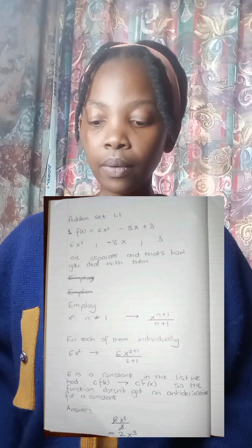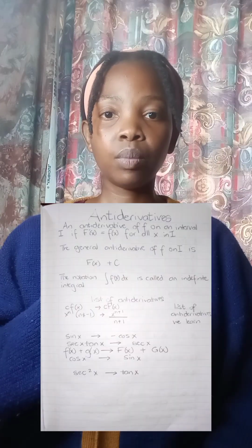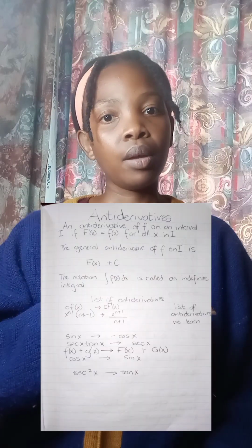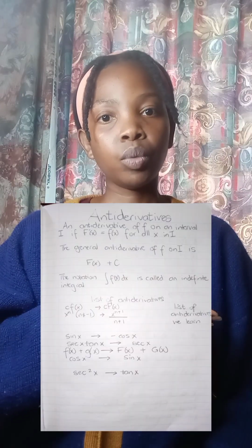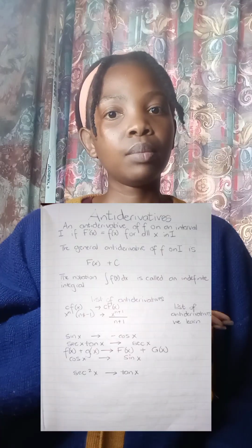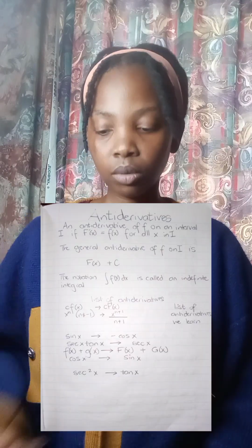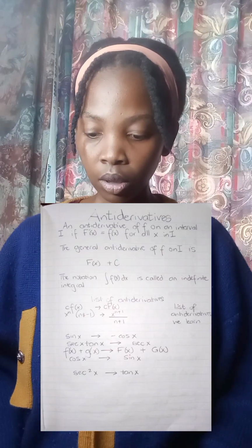With this, we then employ the antiderivative rule where, if there is a constant, the antiderivative will be the constant times x. You will see that later on.